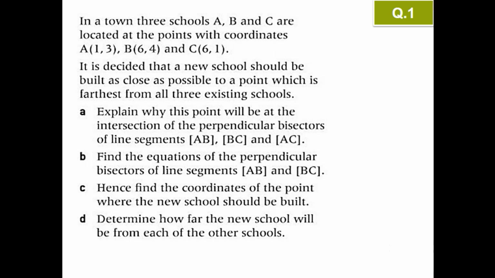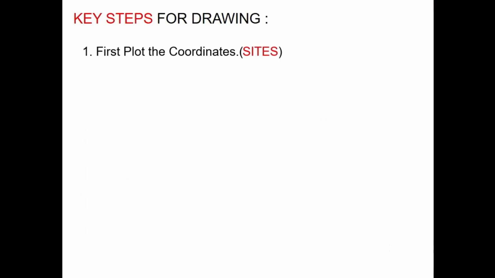Before I tell you how to construct a Voronoi diagram, you have to understand that there are already 3 sides A, B and C, and we are going to find a point which is equidistant from all 3 schools, which is the location of the new school. Here is a summary of the steps. Step 1: first plot the coordinates, which are the sides.